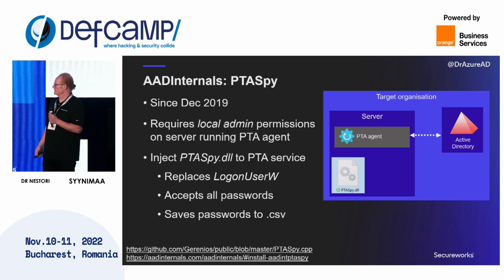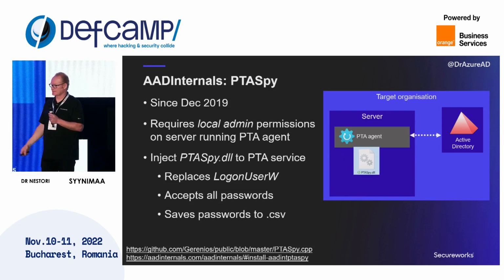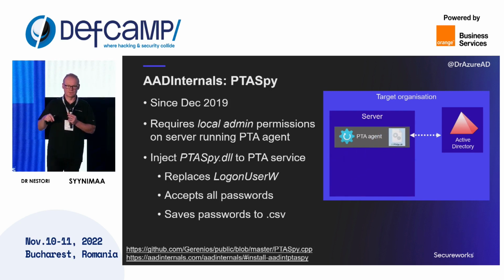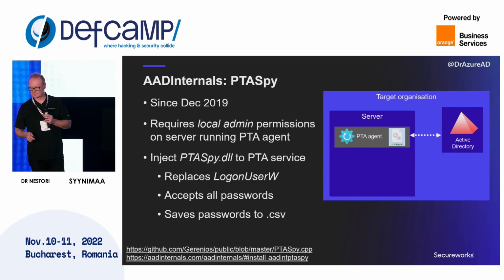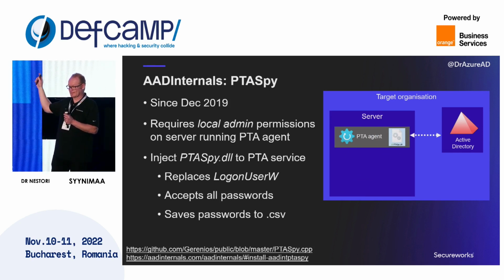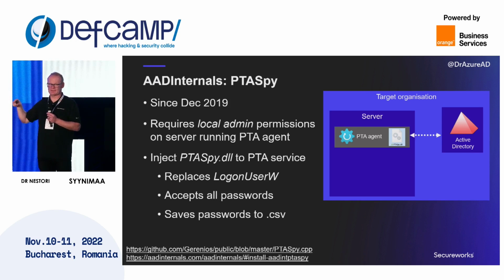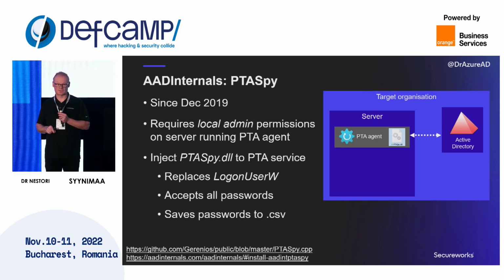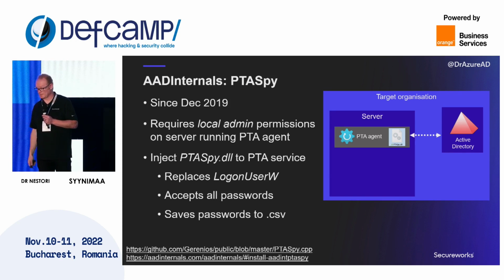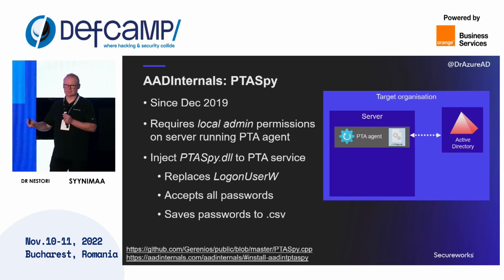What you do there is inject a DLL into the PTA agent process. What that technically does is replace the LogonUser Win32 function in that process, not in the whole computer, but in that process, and it accepts all the passwords. So it doesn't communicate with AD anymore.